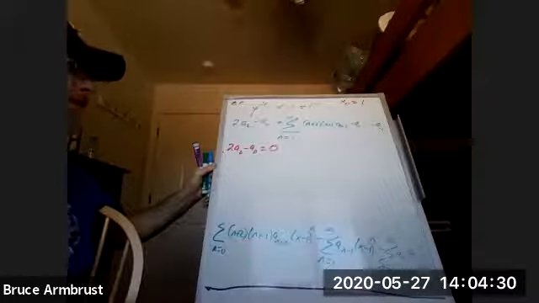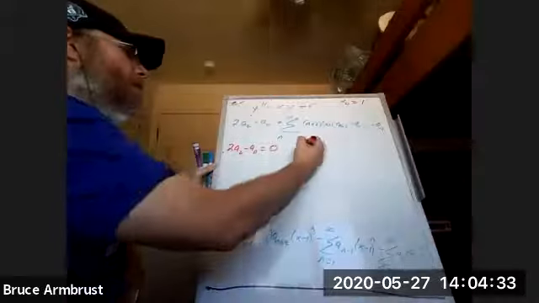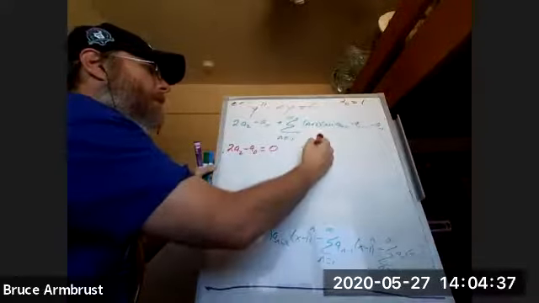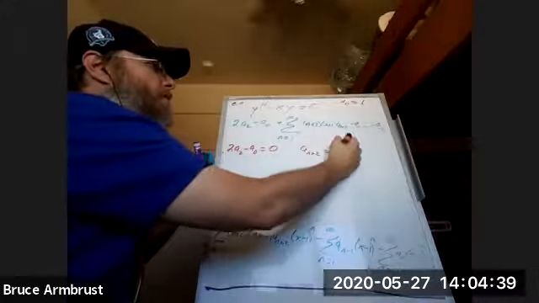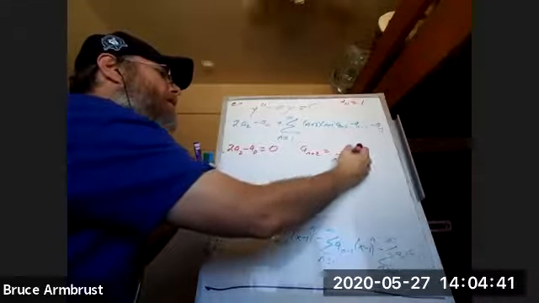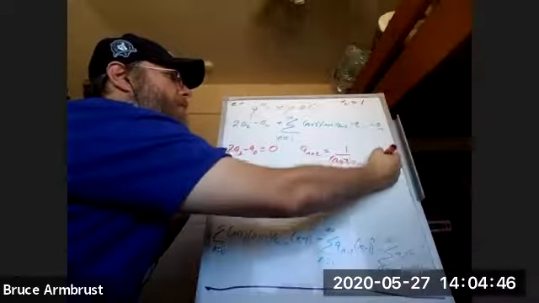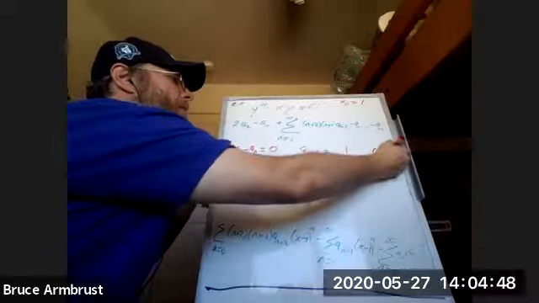From the other one, I'm going to solve it for a sub n plus 2. A sub n plus 2 is going to equal 1 over n plus 2 times n plus 1 times a sub n plus a sub n plus 1.